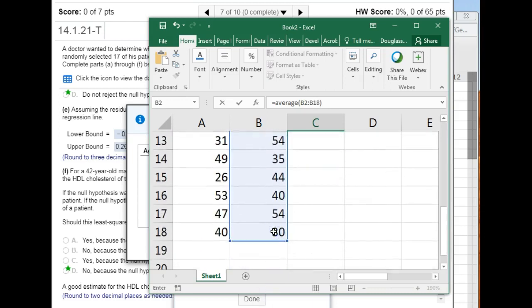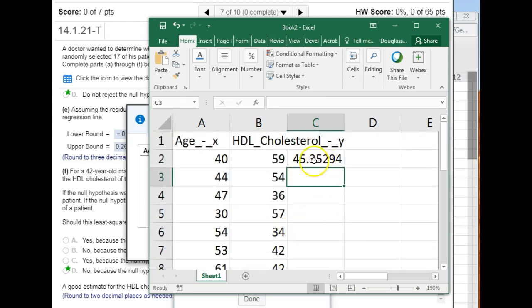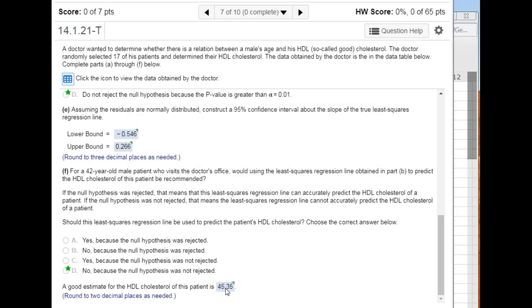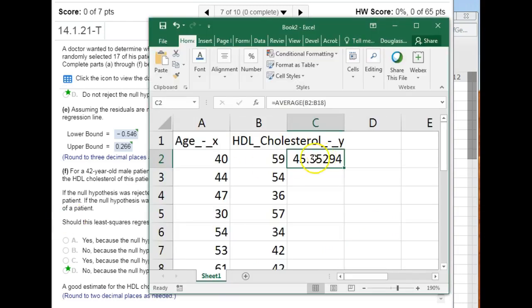So select them, close the parentheses, and you get the average of all the Y values from our sample. And that's what you want to enter in as your estimate for the cholesterol levels of this patient or any patient, because we don't have a regression line to use to make our estimates. We just have to use the average from our sample.